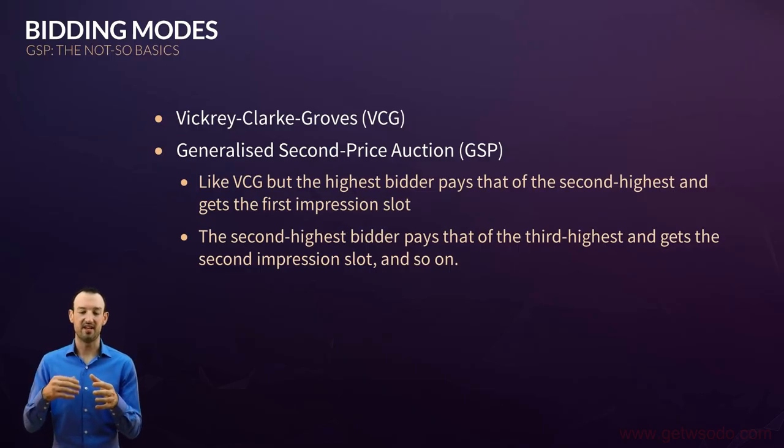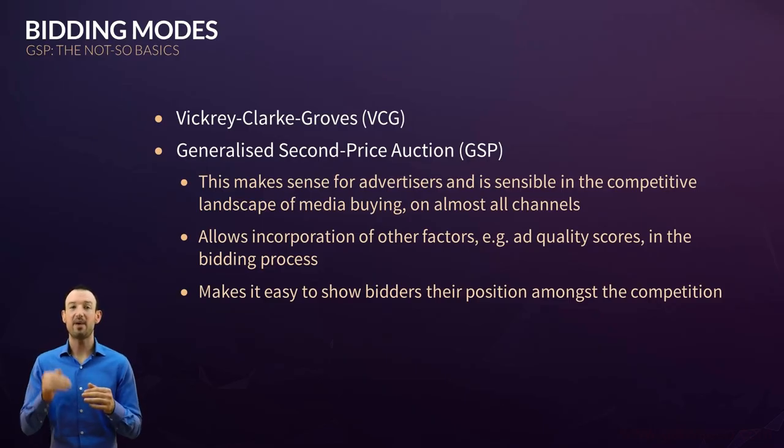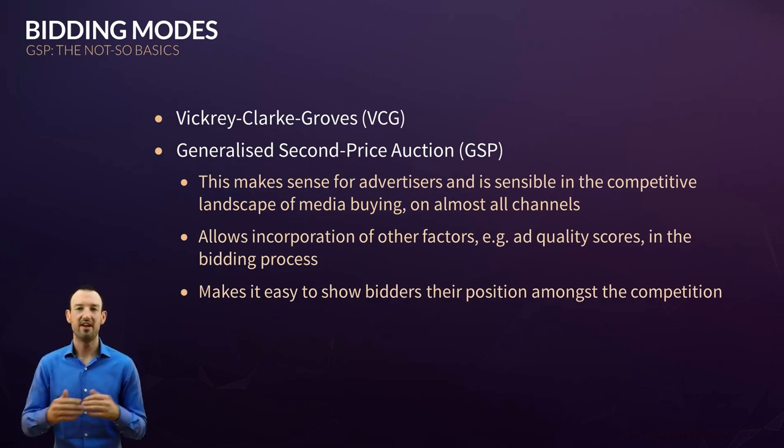The second highest bidder pays that of the third highest bidder and gets the second impression slot, and so on and so on. GSP is very similar to VCG. The key difference is that the top bidder pays that of the second bidder and gets the first impression slot, the second highest bidder pays that of the third highest bidder and gets the second impression slot, and so on.